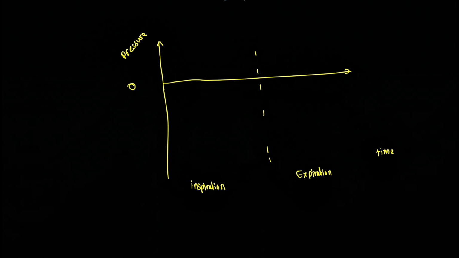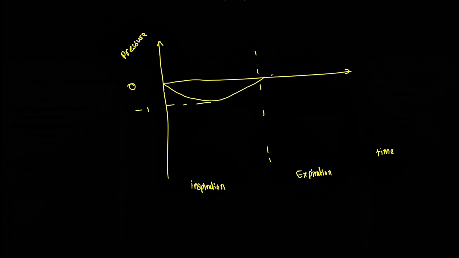It's 0. So during inspiration, the alveoli tries to expand. So then what happens is that it goes to negative pressure. Here it's -1, and then it becomes 0 when it expands fully and is in a rest stage. Afterwards, it gets compressed during expiration due to the elastic recoil.